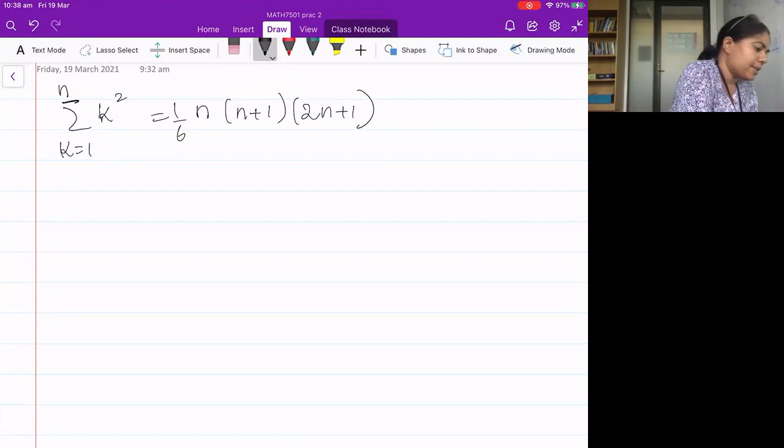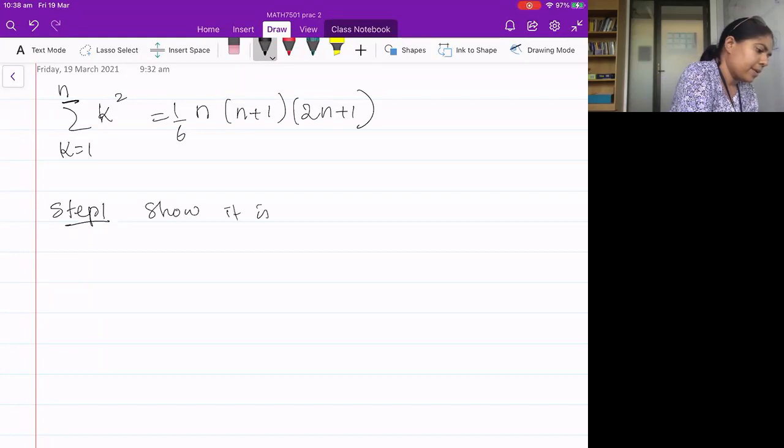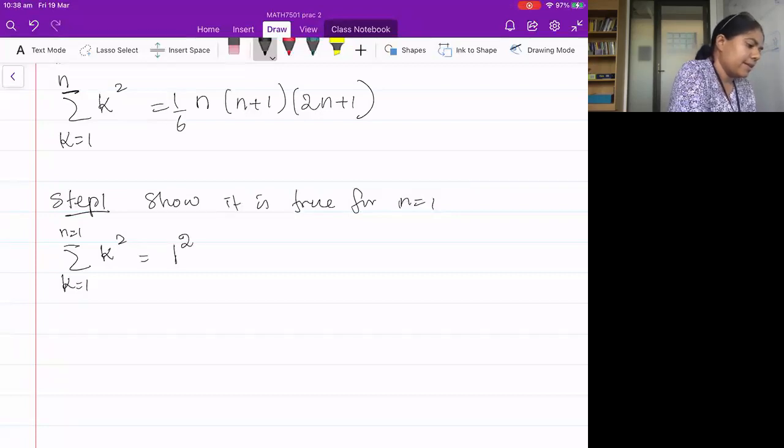So again, using mathematical induction, step 1 is show this is true for n equals 1. That's called the basis step. Sum k goes from 1, n equals 1, of k squared equals 1 squared. Okay, that's the left hand side.